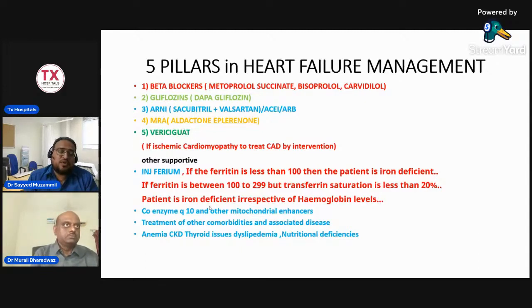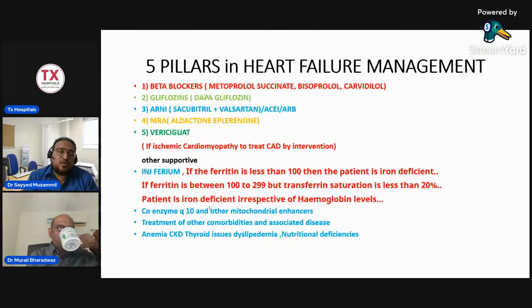If you give ARNI, you are not only blocking the renin angiotensin system, but you are augmenting the natriuretic peptide system. By the neprilysin inhibitor, you are not allowing ANP, BNP, and CNP in the body to get metabolized. With increased levels of ANP and BNP, you will get the benefits of natriuresis and diuresis in this patient. And the reverse remodeling of the heart will increase along with beta blocker and RAS blockade.